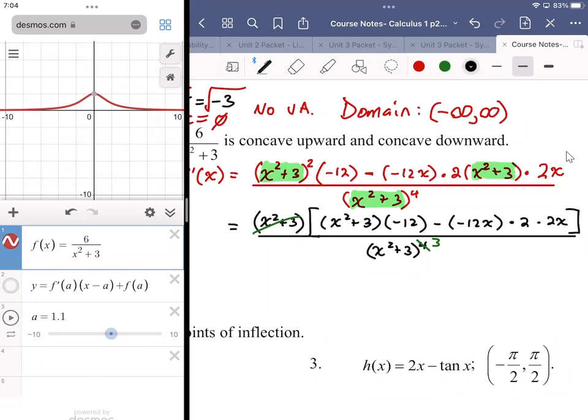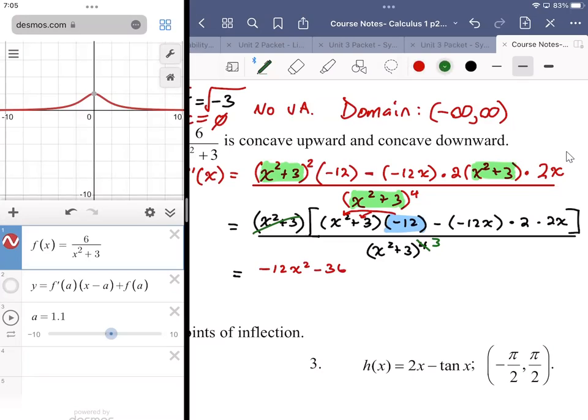Now a little distributive property. I'm going to take this negative 12 here. We take that negative 12 and run it through that other binomial. It's going to give me a negative 12x squared minus 36.